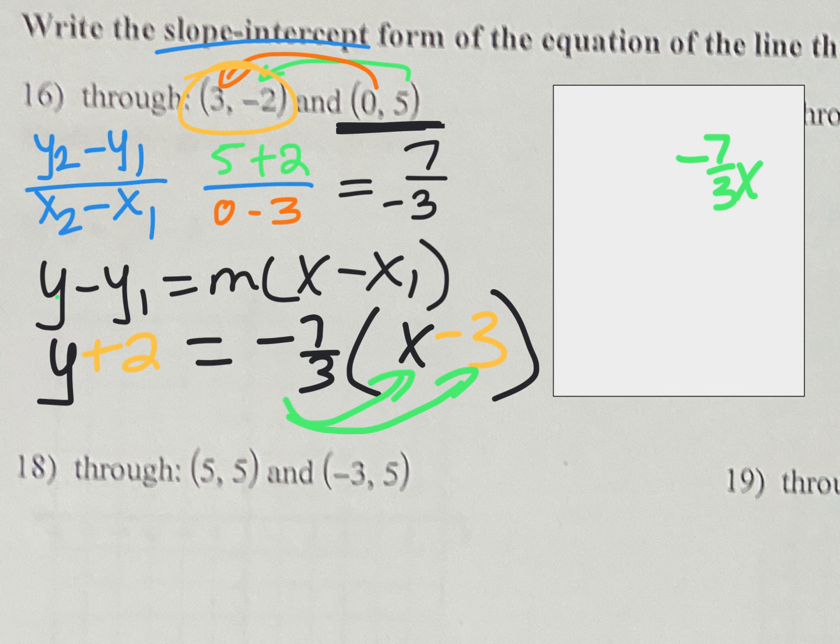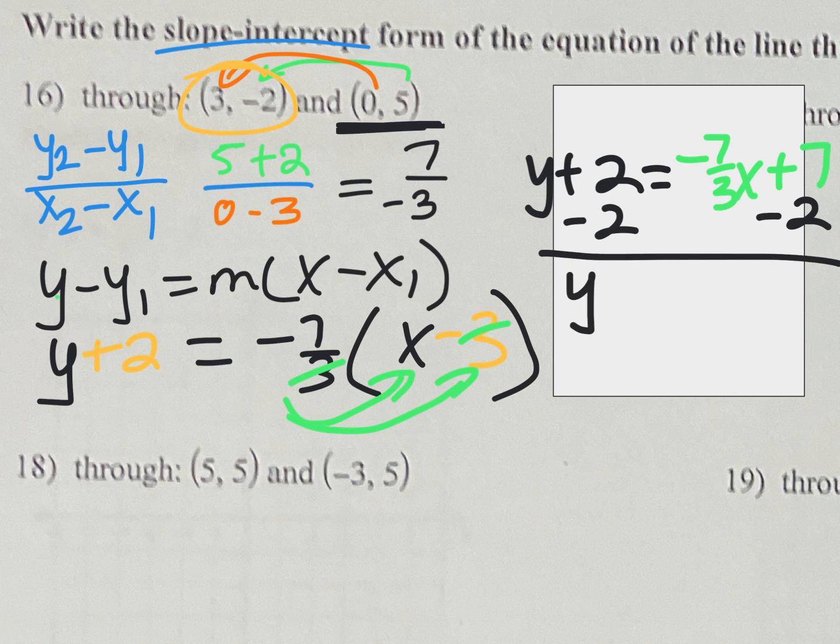Since this means dividing by 3, and then you're turning around and multiplying it by 3, those 3's are actually just going to cancel each other out. So when you distribute that 7 over 3 to the 3, you've really just got a 7. Or just use a calculator tomorrow to do -7 over 3 times 3. Either way, I don't care. We still have the y plus 2. So how am I going to get rid of that plus 2? By doing a -2. So y equals -7 over 3x plus 5.